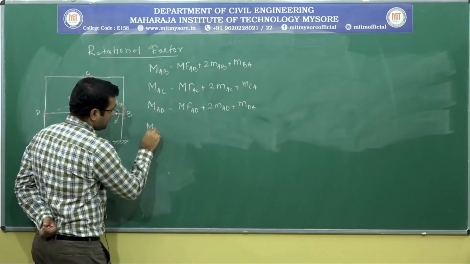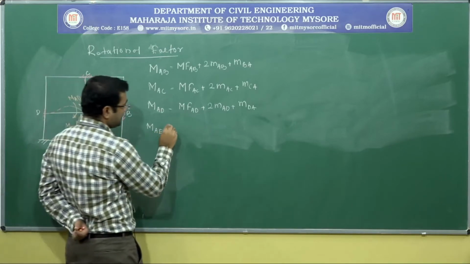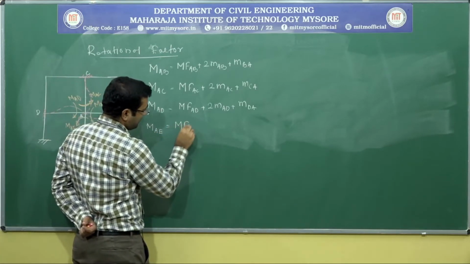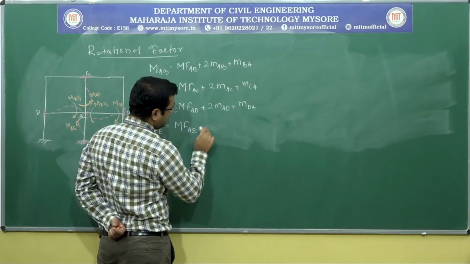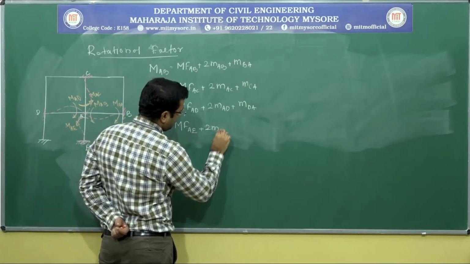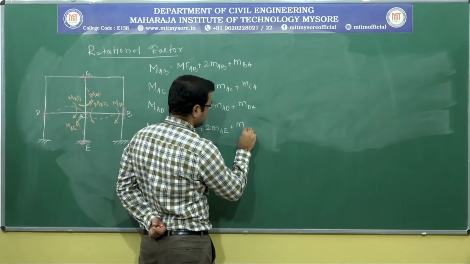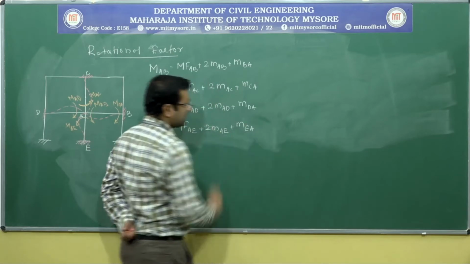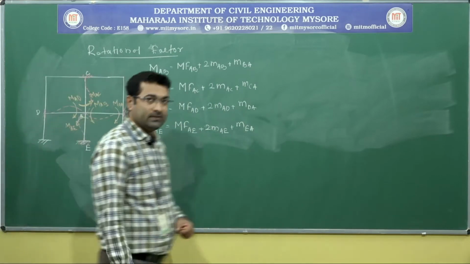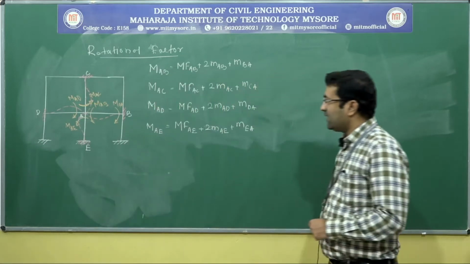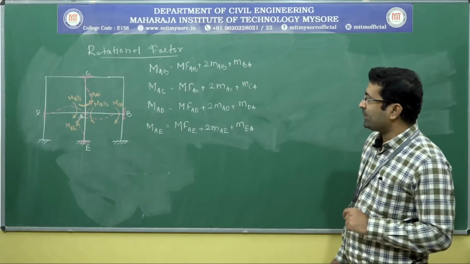And lastly for MAE, it is MFAE plus 2 times the rotational moment MAE plus 1 time MEA. So these are the end moments at the joint A. These are the 4 moments which are developing due to the rotation of the joint A.